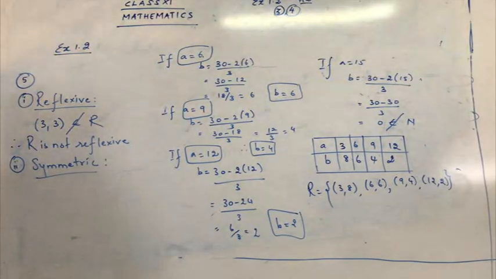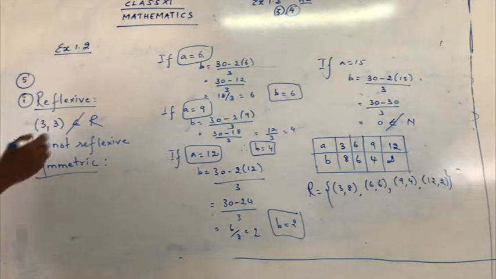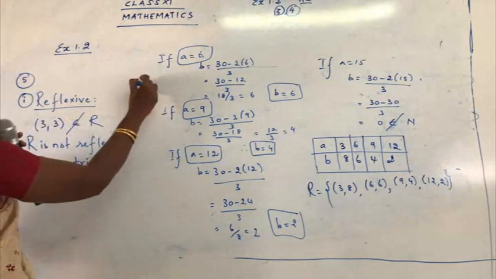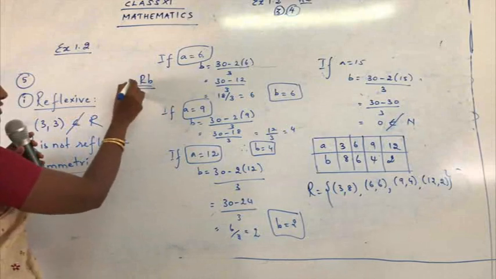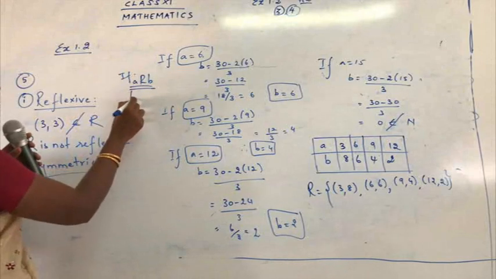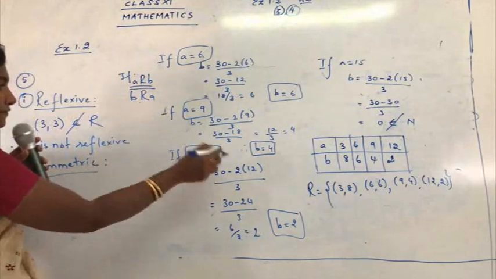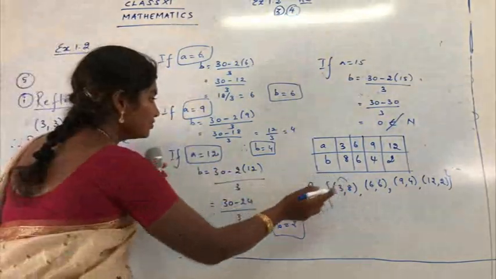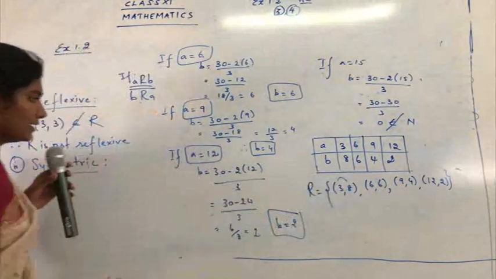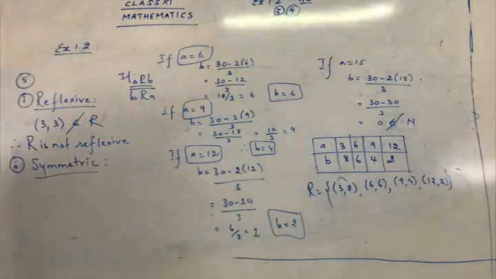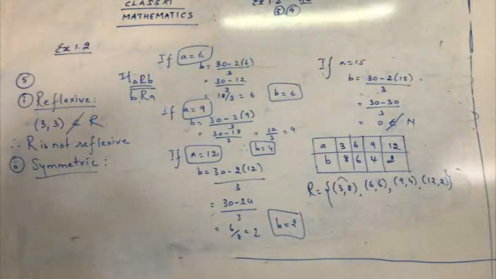Yes, 8, 3 should be present. For symmetric, A related to B implies B related to A, that's why I told you to be thorough with the definition. So if 3, 8 is there, I should have 8, 3. Is 8, 3 present over there? No, 8, 3 is not present.